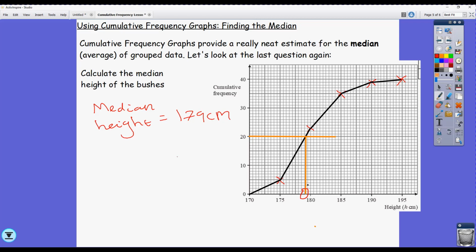So you should have a very similar answer. Yours might be slightly different because I know a pencil nib will be slightly thinner than even the thinnest pen tool on my flip chart. So we roughly get 179 centimeters for the median.